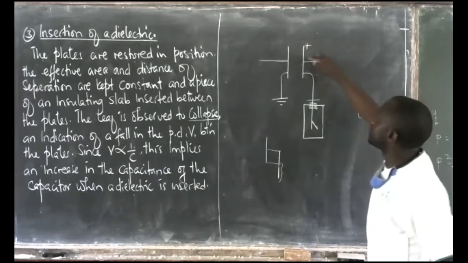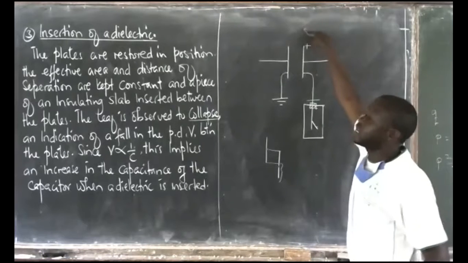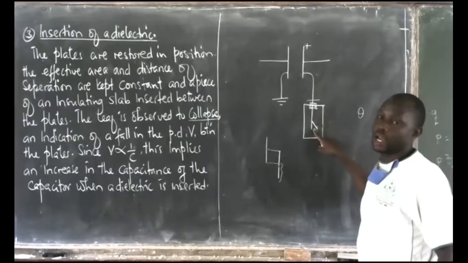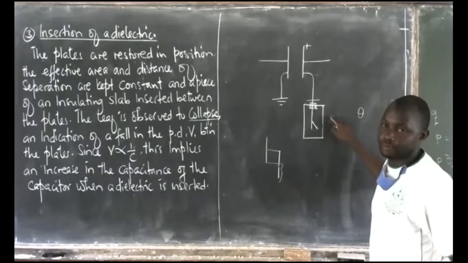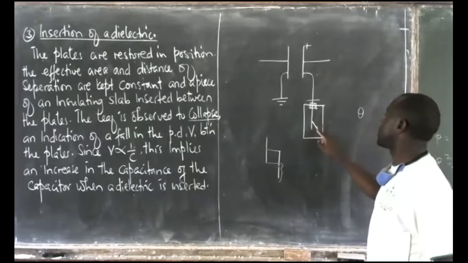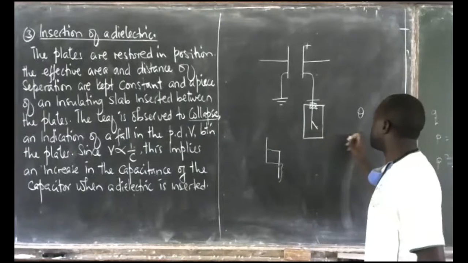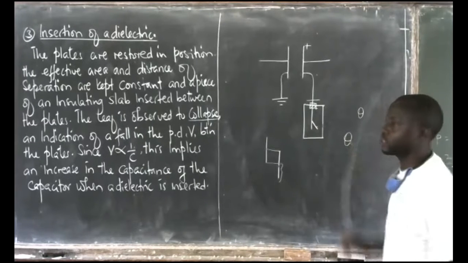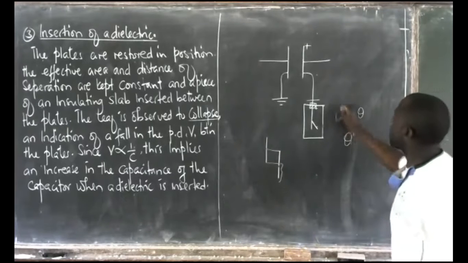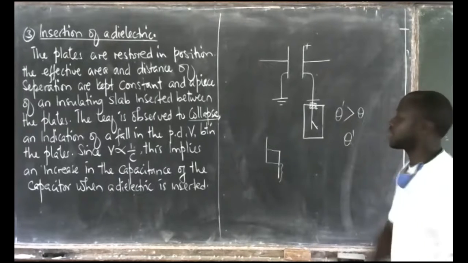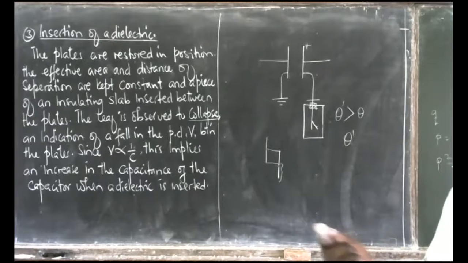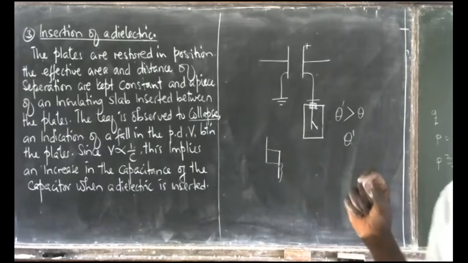So we said when we slide one plate vertically, either upwards or downwards, the observation is an increase in the divergence. When we look at the leaf, it diverges more, maybe to some other deflection, theta prime. The observation is that theta prime is greater than the original theta, meaning there has been an increase in the divergence.